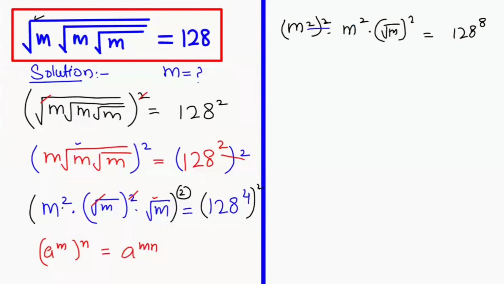Now again the powers are multiplying here, and this gets cancelled. So this equation turns to m to the power of 4 times m squared.